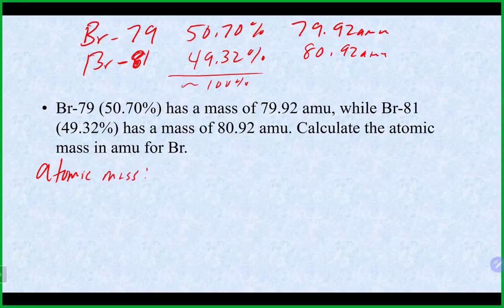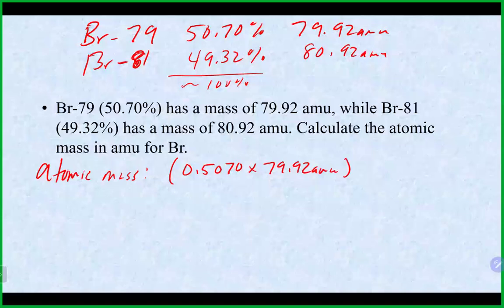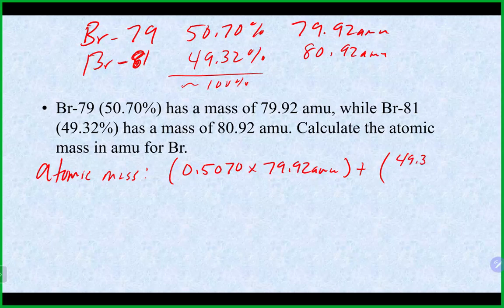On the percentages, you can just move the decimal, which would give you 0.507 times 79.92 AMU. Again, if you don't want to move the decimal, you could also just divide that percentage by 100 and it'll move it for you.